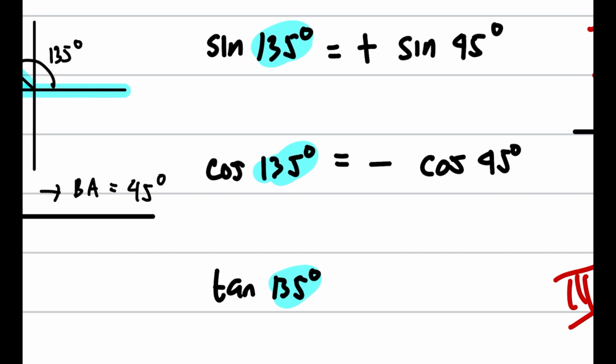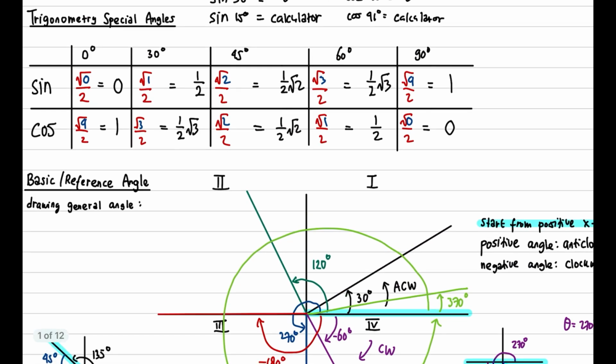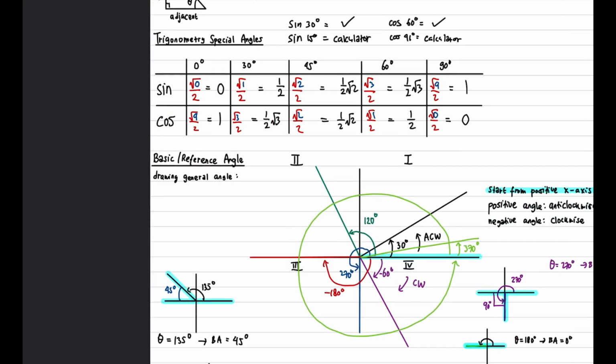As you can see, we can use the table: sine 45 is 1 over 2 square root of 2, and minus cos 45 is minus 1 over 2 square root of 2, because sine 45 and cos 45 from the table are equal.